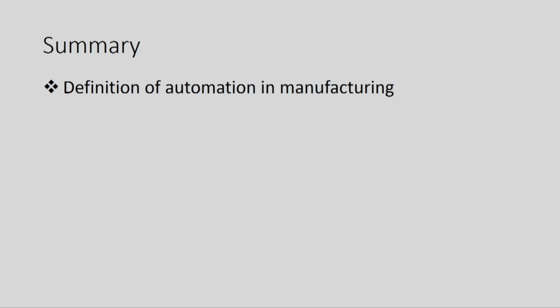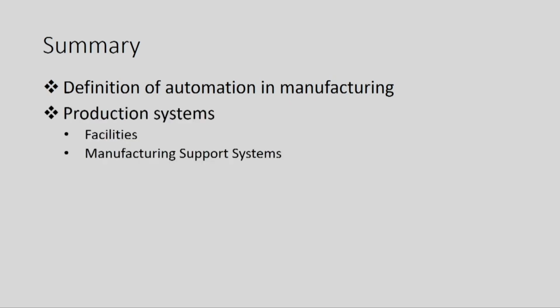With this we conclude the first lecture of module 1. In summary, we have studied the definition of automation in manufacturing. We have seen various facilities which are used in a typical production system, and we have also seen the meaning of manufacturing support system and its functions.